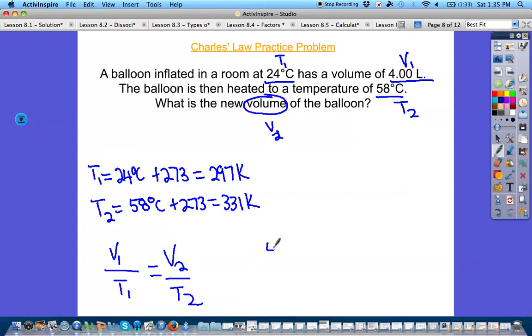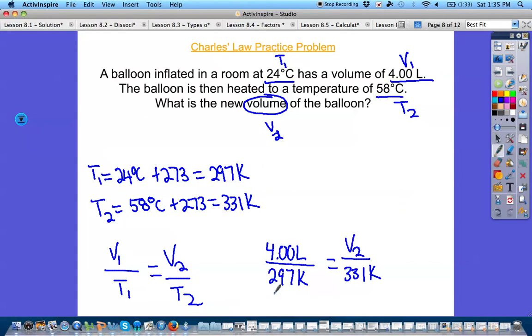So we're going to have 4 liters divided by 297 Kelvin equals V2, which is what we're solving for, over 331 Kelvin.